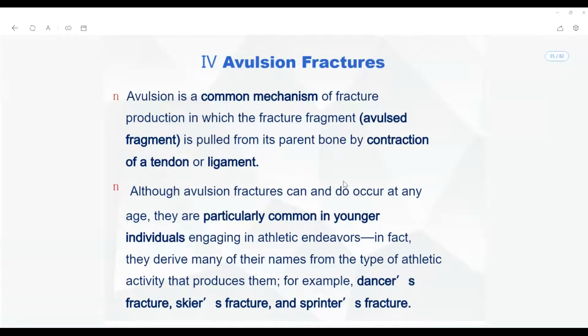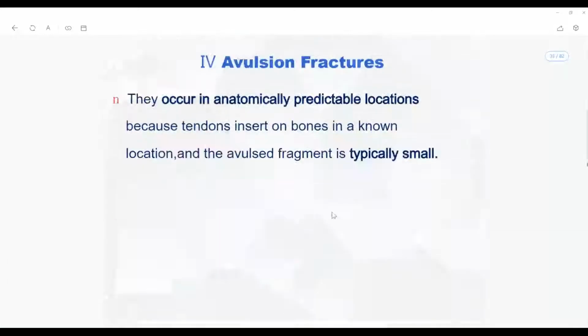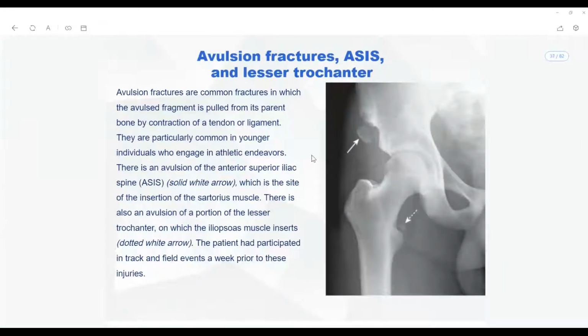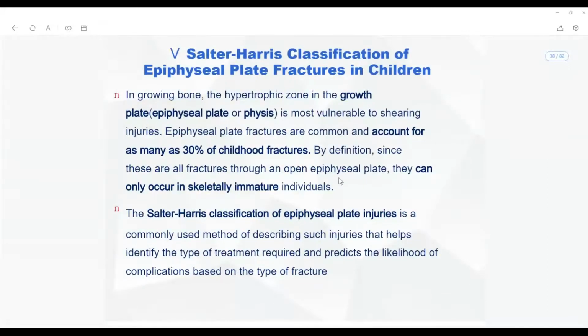I have already dealt with the avulsion fractures last time, so right now we are going to get into a very detailed and very difficult part of this chapter. I want you guys to pay full attention, which requires a lot of understanding here.